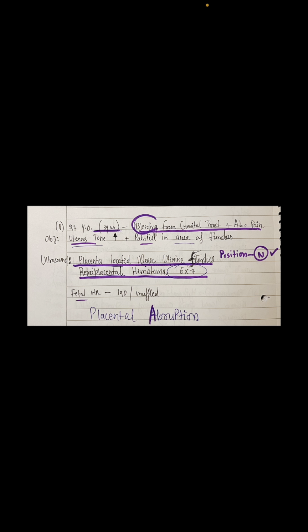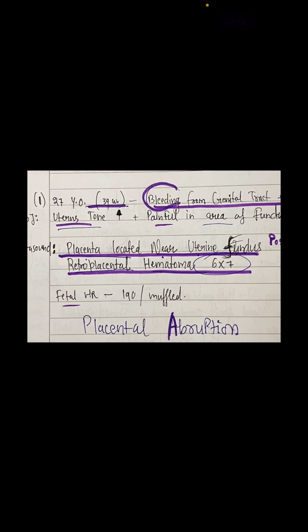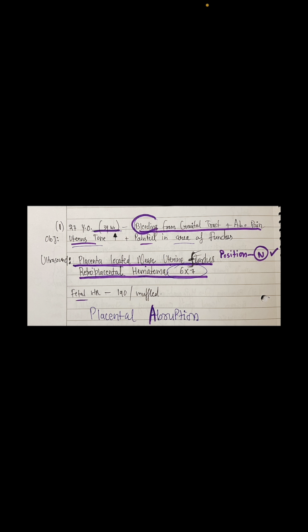And next it says retroplacental hematoma. This suggests that there is some collection of blood somewhere. We can confuse it with placenta previa, but no need to, because previa simply means that the placenta is abnormally placed, covering the cervix.